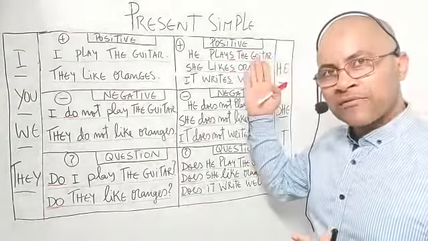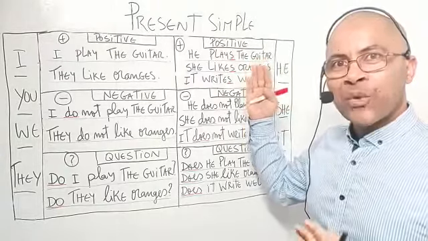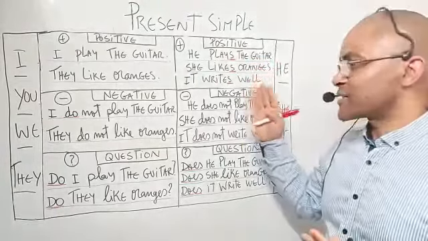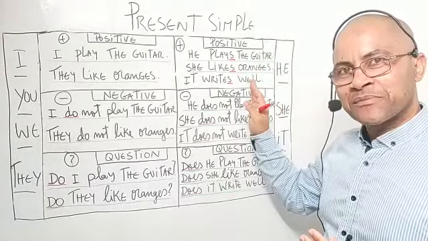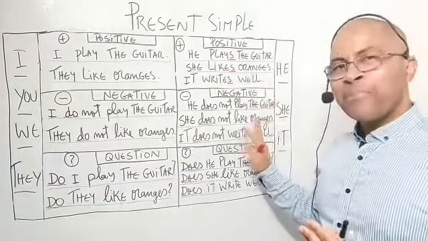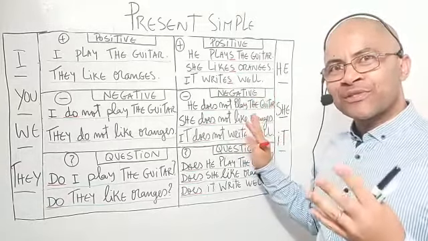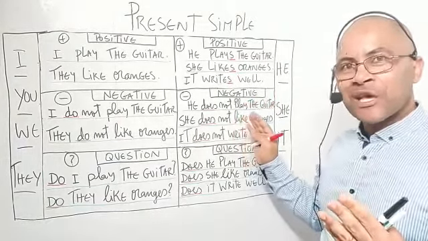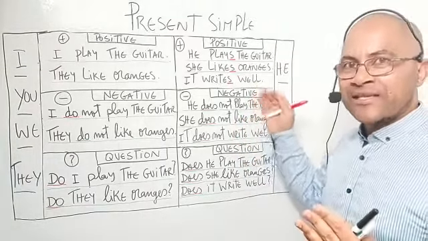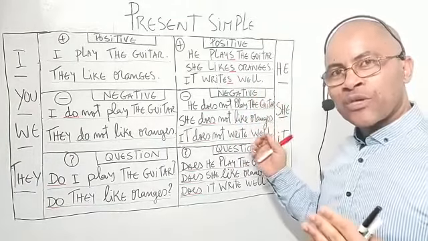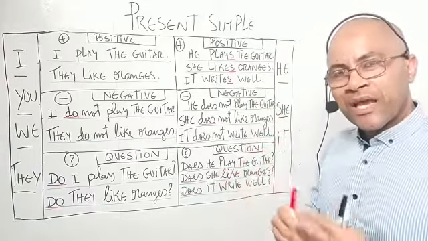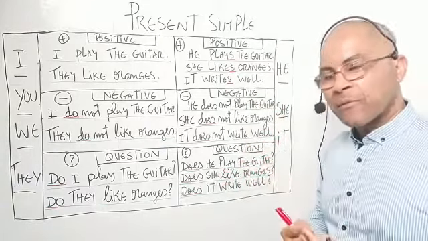In the positive or affirmative, we have S. S, S with all verbs. But here, because we've used the auxiliary verb does, then we drop the S's. We use the verb as it is in its original form.